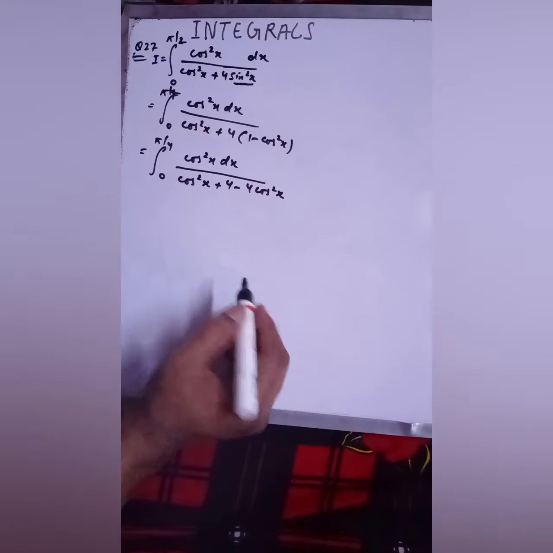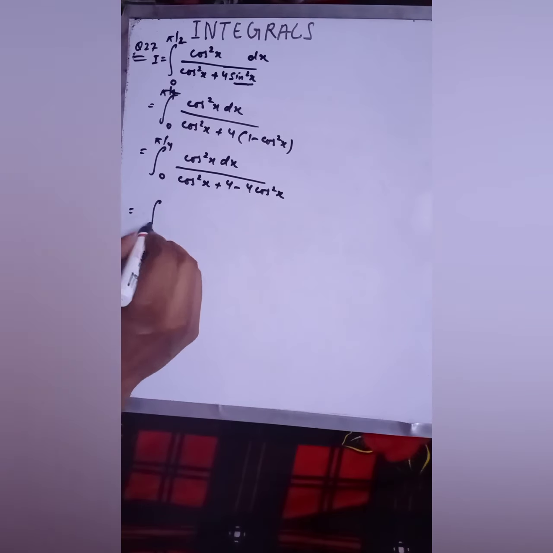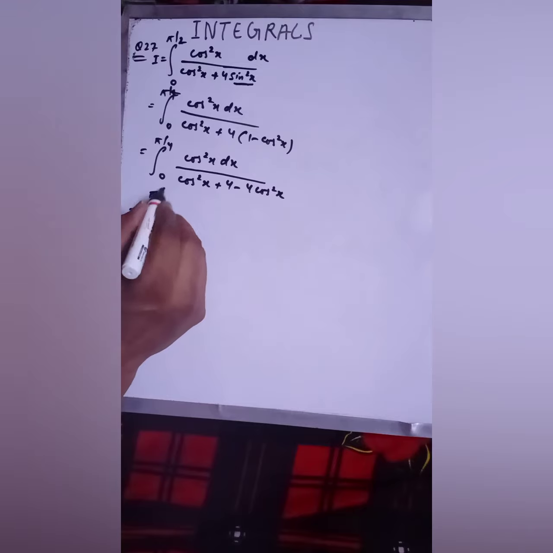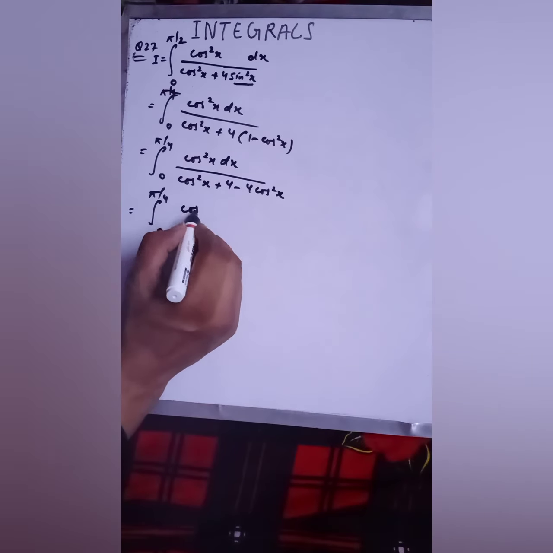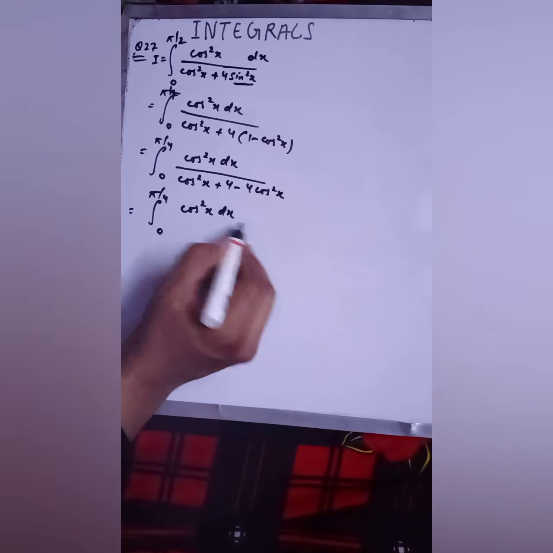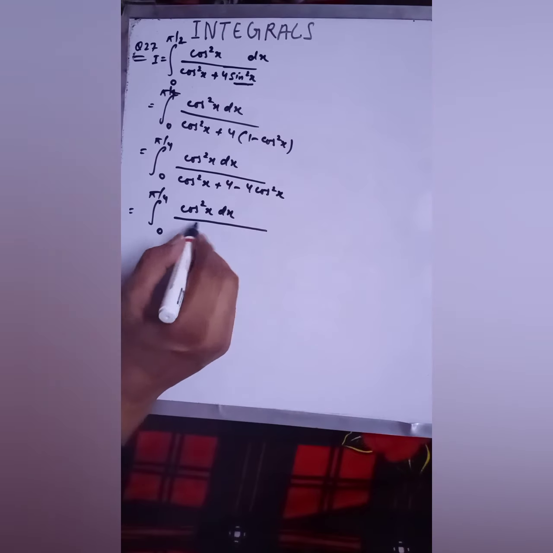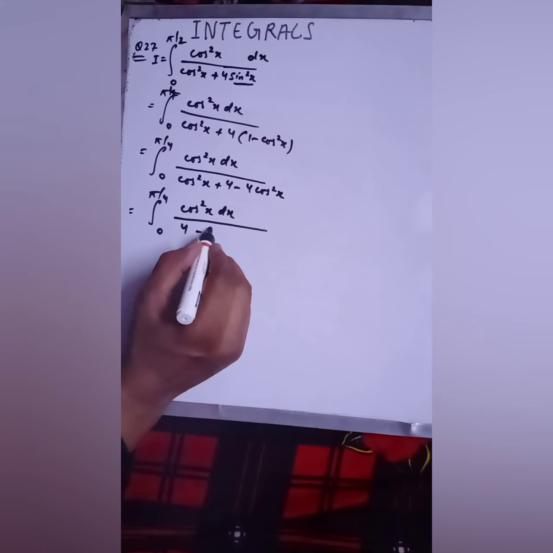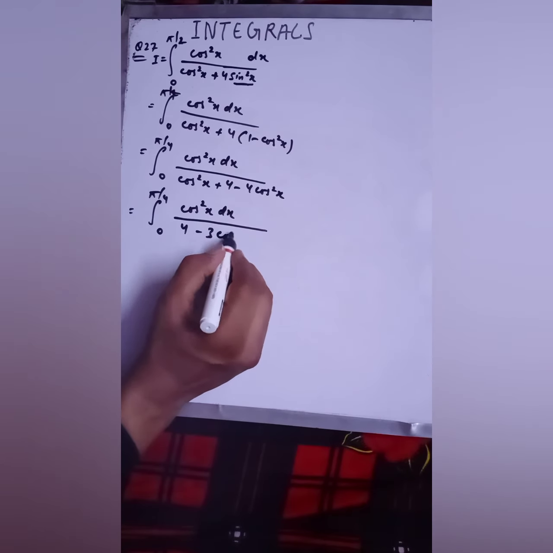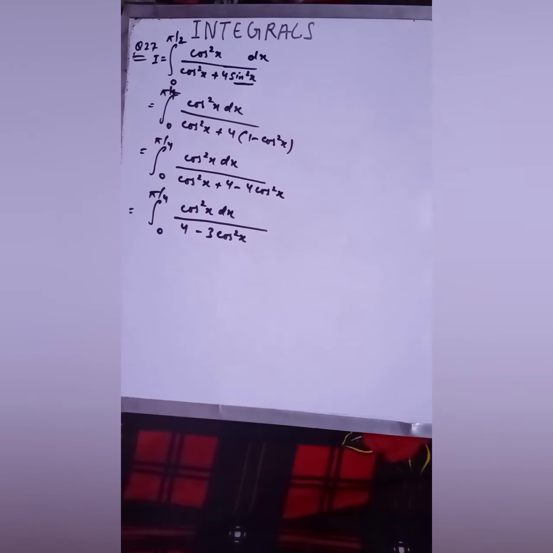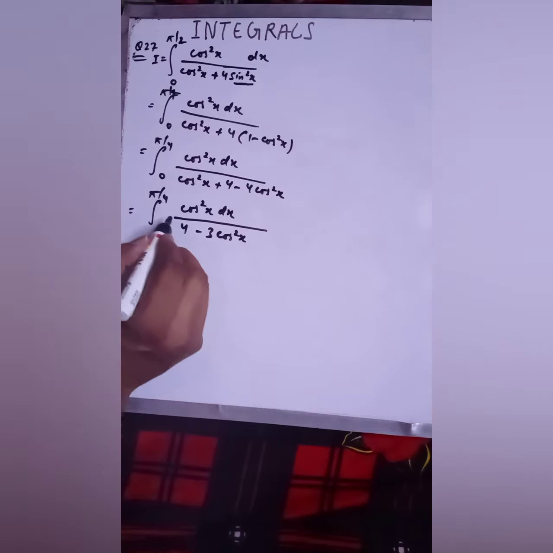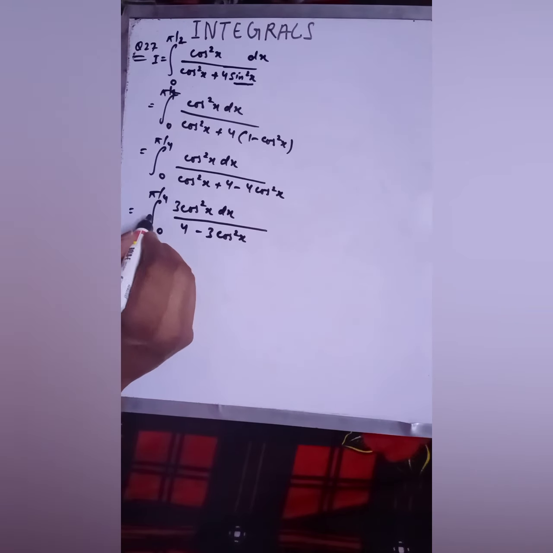Okay, after this is from 0 to pi by 4 cos square x dx over this would be 4 minus 3 cos square x. Okay, now I am multiplying this by 3 and dividing this by 3.